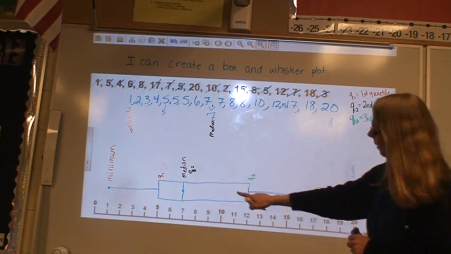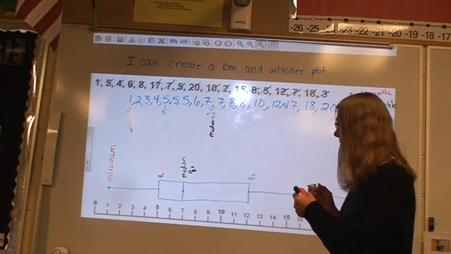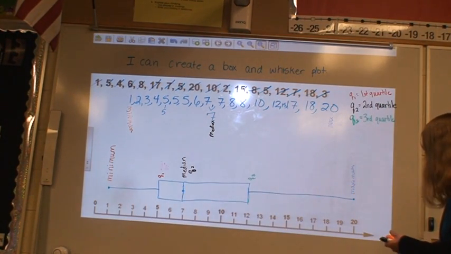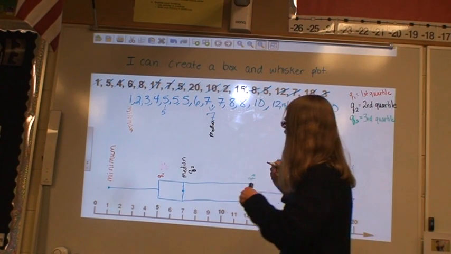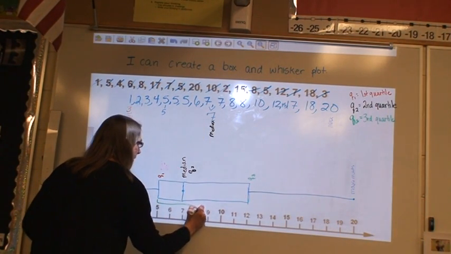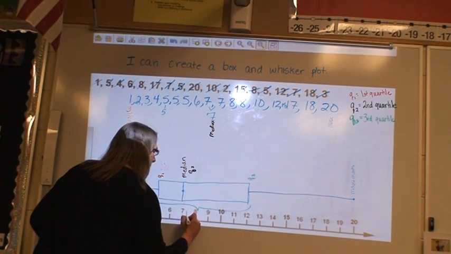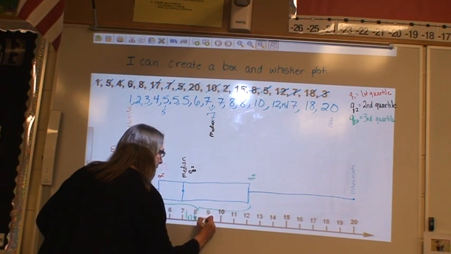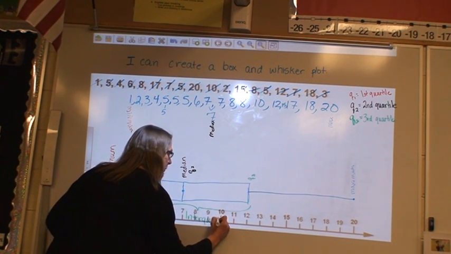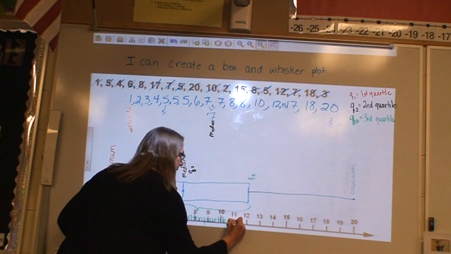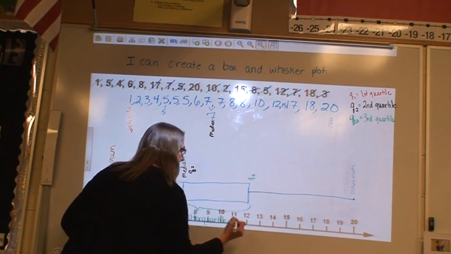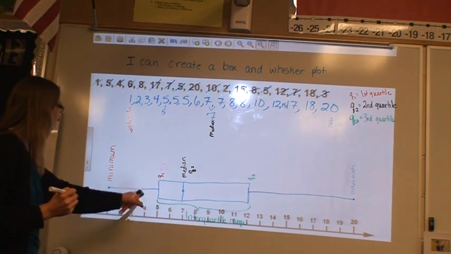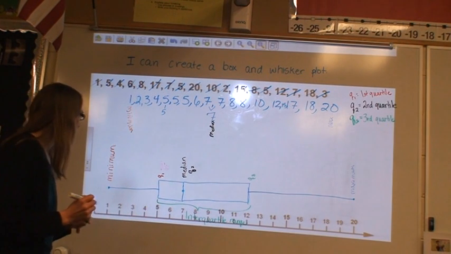This part here is called the interquartile range. I'm going to go ahead and label that for you. It is your interquartile range. That is where the majority of your data is going to be, between 25% and 75% of it.